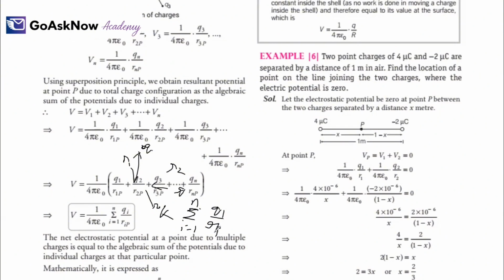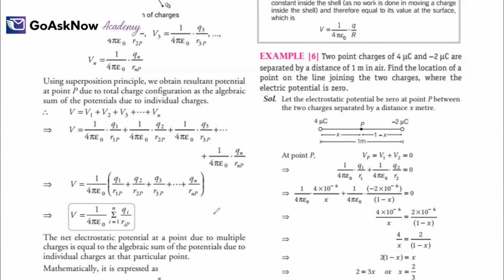If you expand it, then it will be KQ1 by R1 plus KQ2 by R2. So I have written that in summation form here. The net electrostatic potential at a point due to multiple charges is equal to the algebraic sum of the potential due to individual charges at that point.